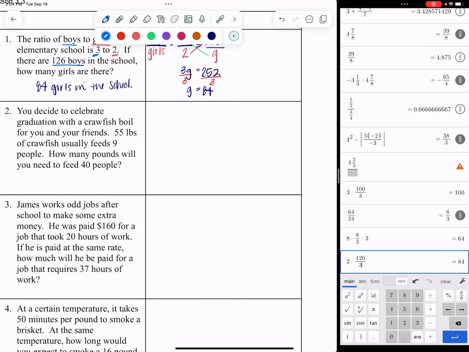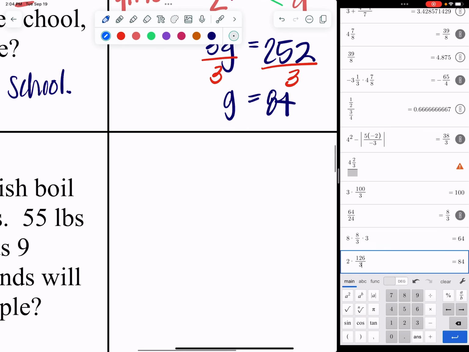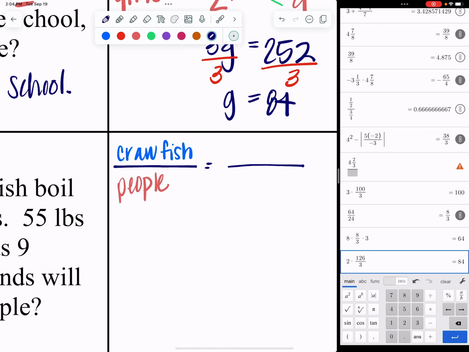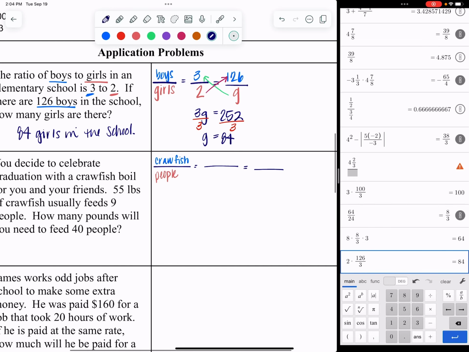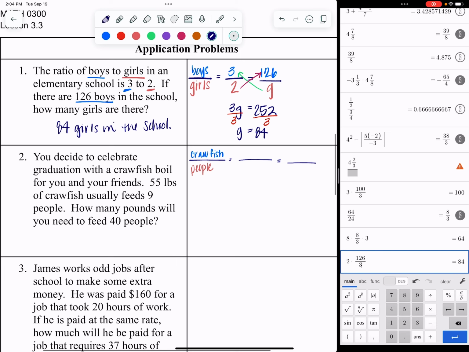We have 2 quantities. We have crawfish and people. So I'm going to put crawfish across the top and people across the bottom. 55 pounds of crawfish.